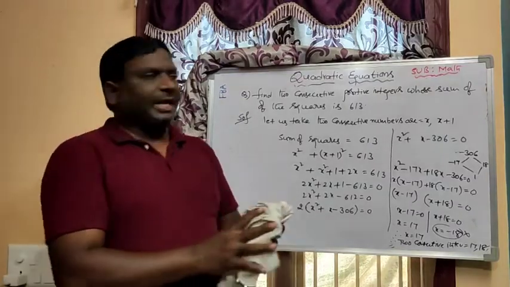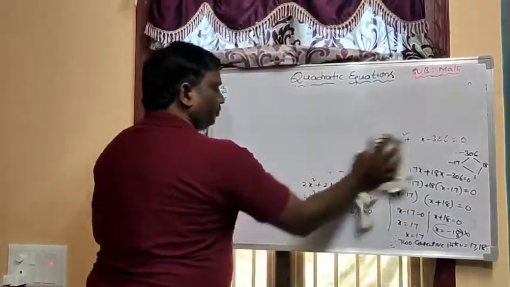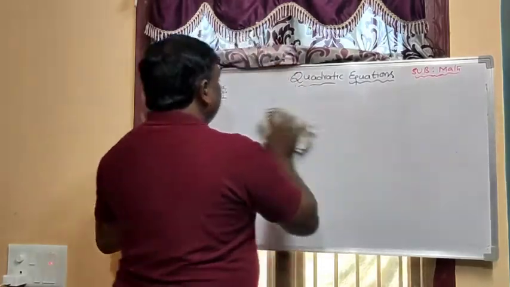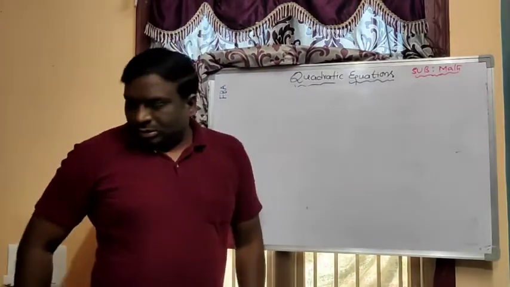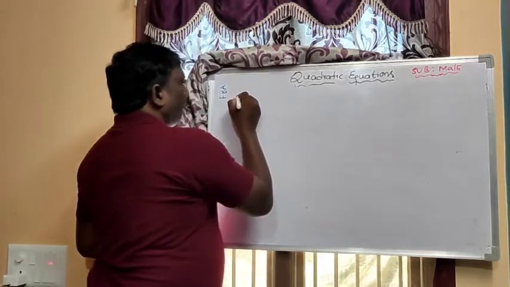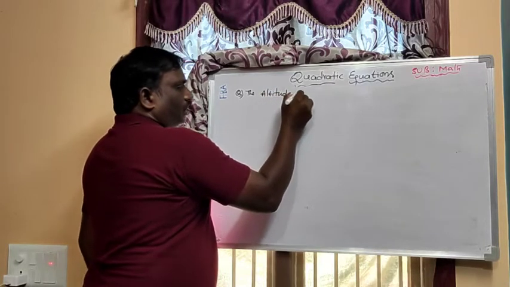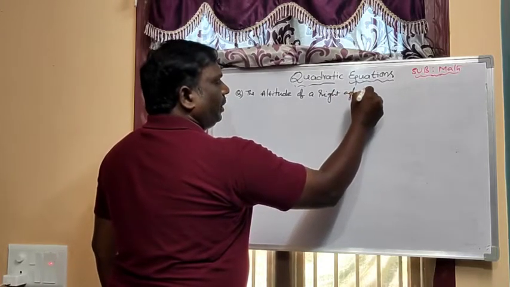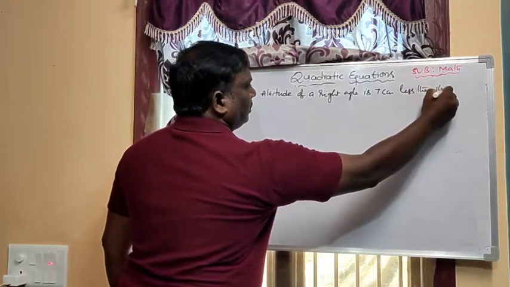Similarly, the altitude of a right angle triangle. Very easy word problems. The altitude of a right angle triangle is 7 centimeter less than its base.